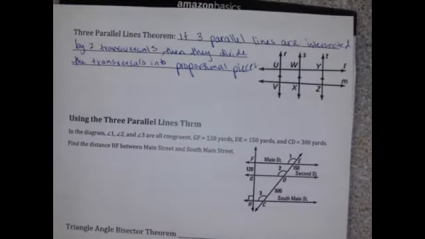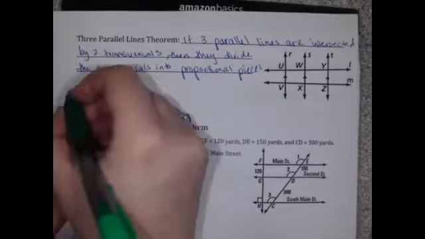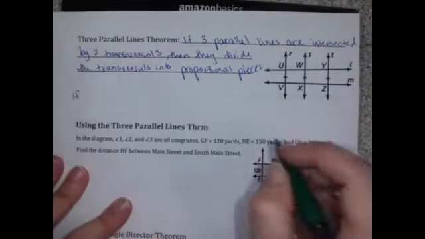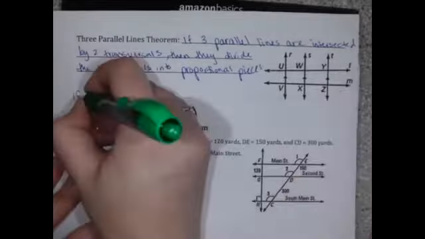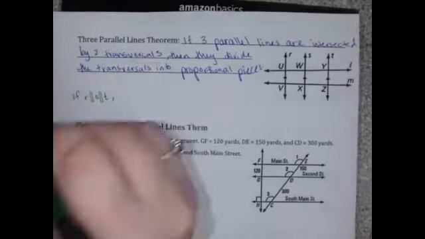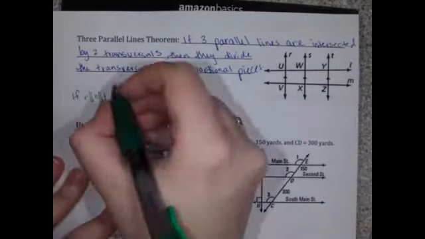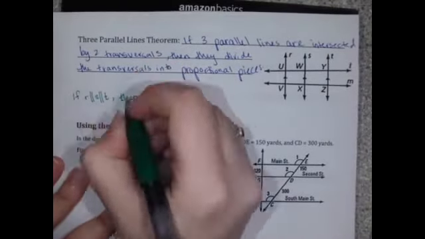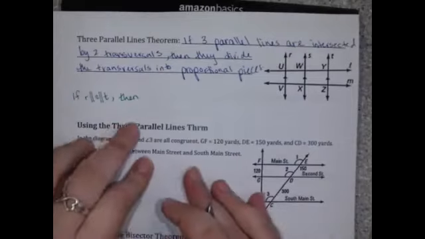In this case, if these are lines R, S, and T, and R is parallel to S is parallel to T, what are a couple things we could write?